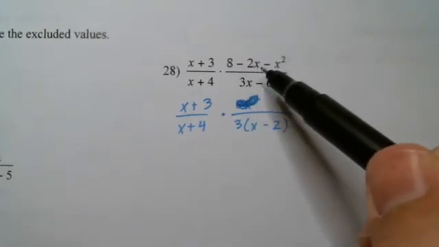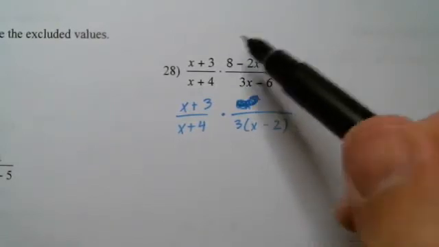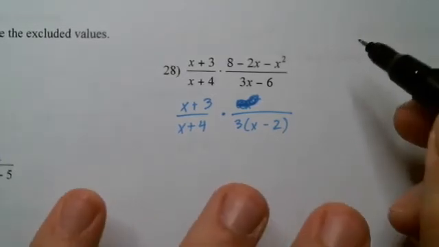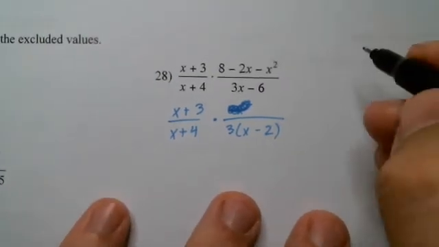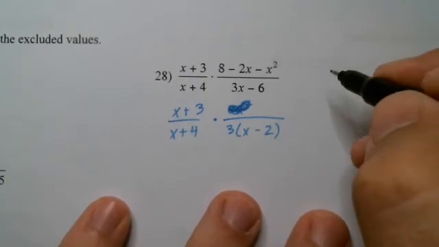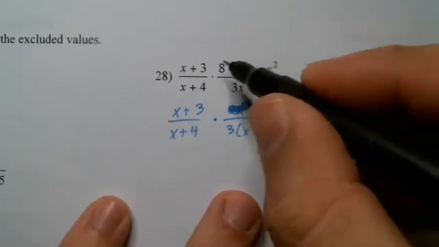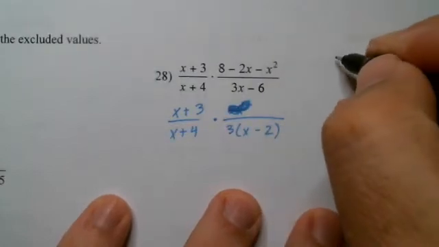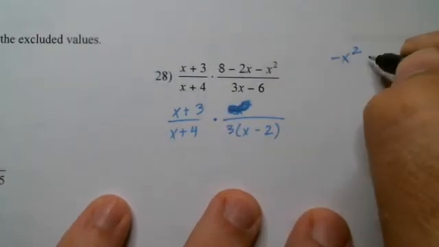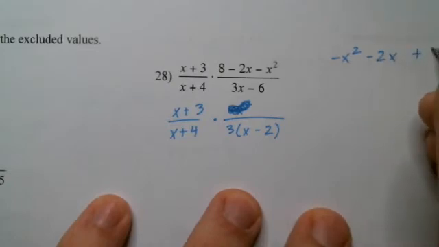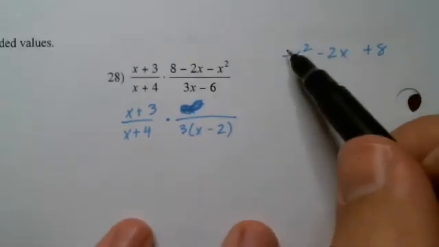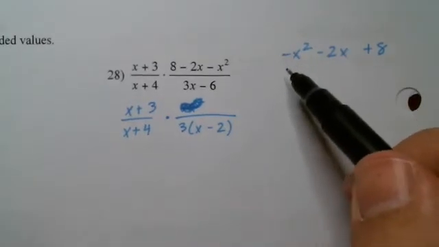trinomial here that I know I'm going to need to factor out, okay? So this is where this gets a little bit tricky, all right? If you all can remember, we had some issues with some signs when we went through this. Because really this is written out negative x squared minus 2x plus 8. But what can you not have when you're factoring? The leading coefficient cannot be what? Negative.